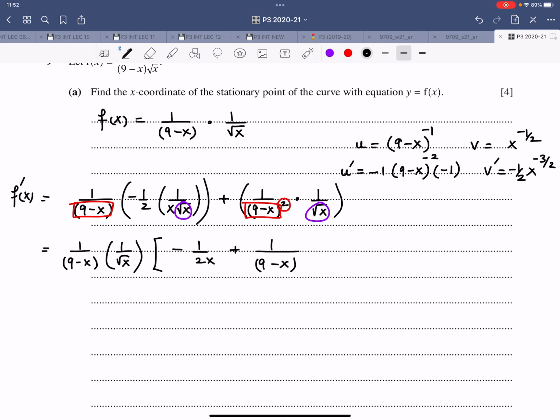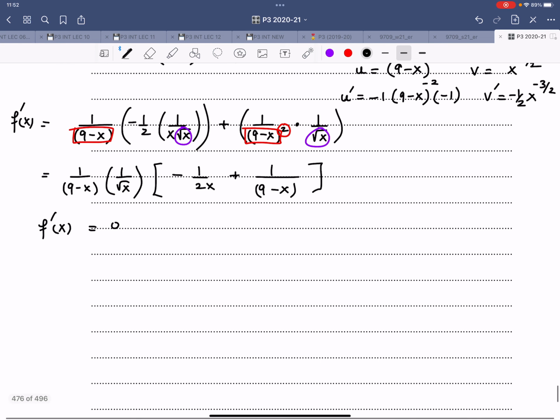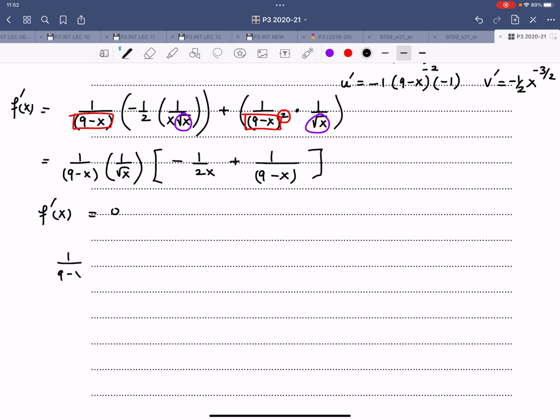Double check everything. When we have y prime or x prime or f prime x equals 0, 1 over 9 minus x equals 0, no solution because it disappears. 1 over root x equals 0, again no solution.